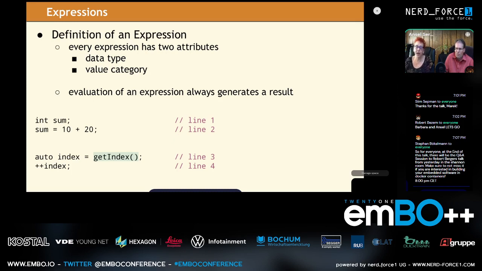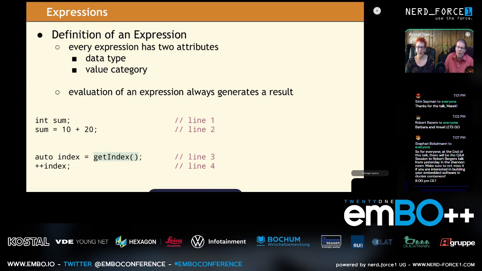What gets interesting is the variable sum, which has a data type of an int, and it has a value category of an L value. It's also an expression. So there's actually 4 different expressions in line 2. Then the overall expression in line 2 of sum equals 10 plus 20 also has a data type. It is int, and it also has a value category of L value.